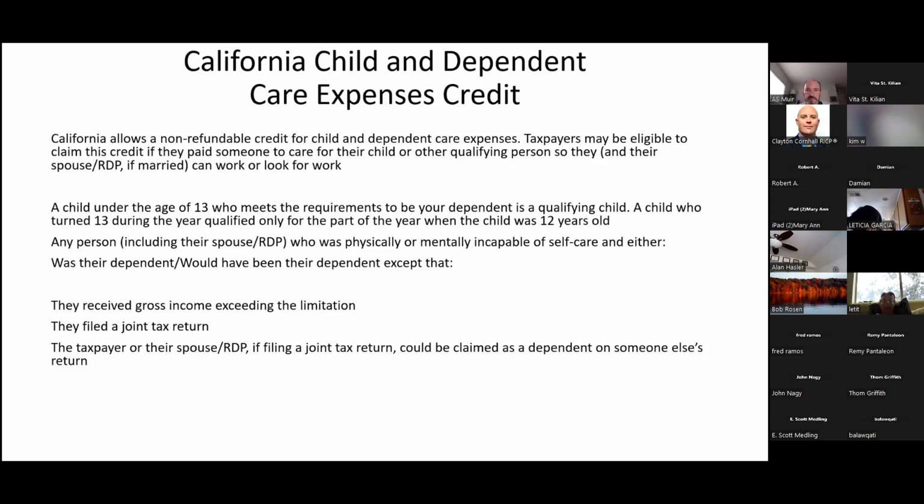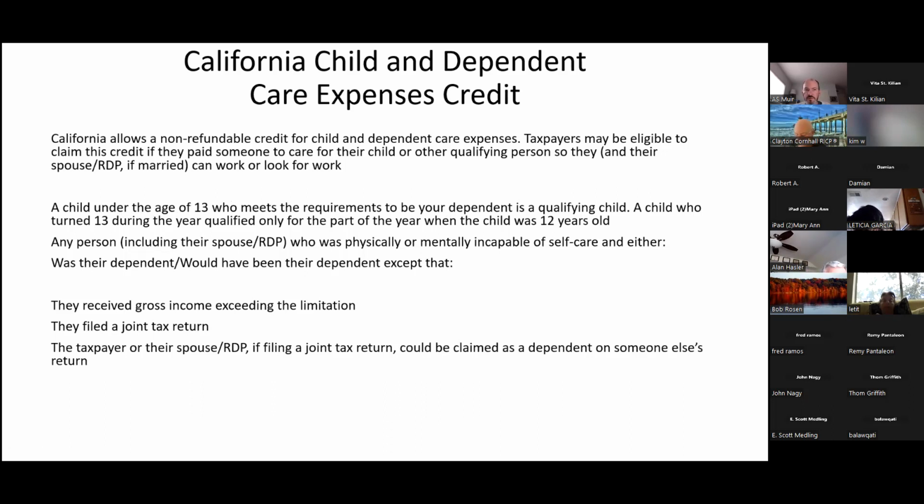Okay, and then let's talk about the child and dependent care expense credit. This is essentially mirrored on the federal legislation, but again, you have two different situations. You've got the feds and you've got the state. So let's revisit this rule that you're familiar with for the federal one. You're typically either going to work or looking for work.